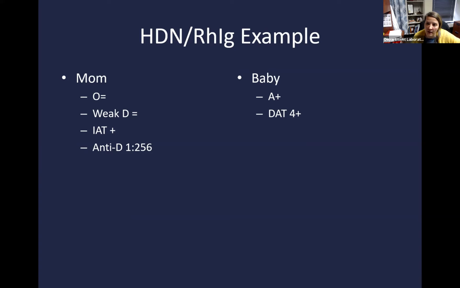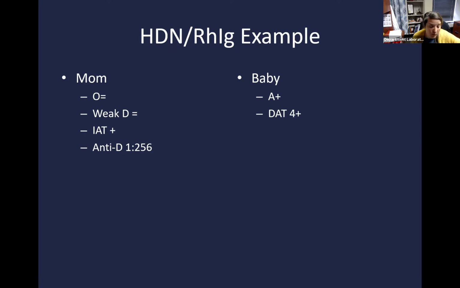So if we look at our baby type, our baby is typing as A positive, and our DAT is 4+. So what's happening here, see how strong that DAT is? So we definitely have a case of hemolytic disease of the newborn in the baby. And because it's so strong, remember, one of the characteristics of differentiating ABO HDN from IgG HDN is the strength of the DAT.